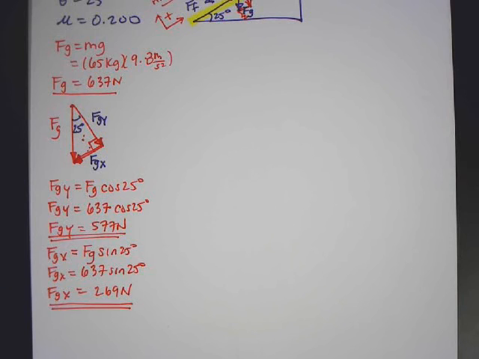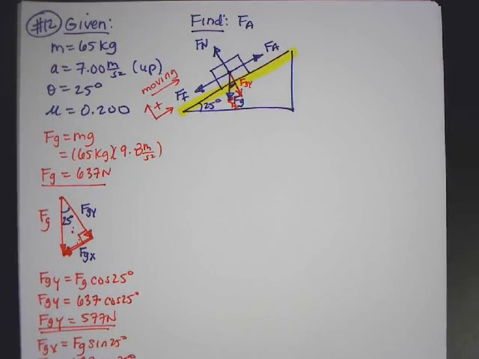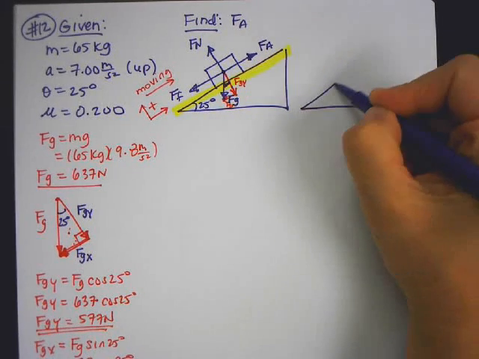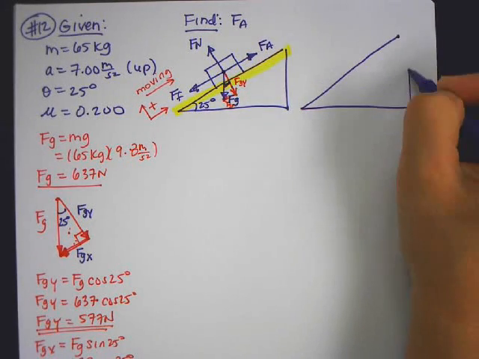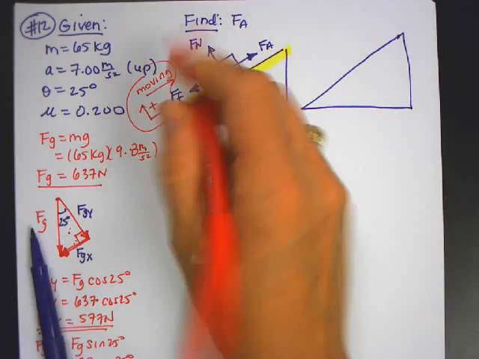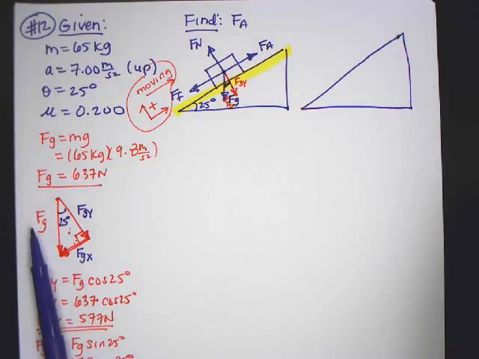Once I find my components, and there can be more than one force, then I go back and I redraw my free body diagram. So now we're going to go back up, and I'll just do it right here to the side so we can actually compare them side by side. So remember, I still have my sign convention. Up is positive.